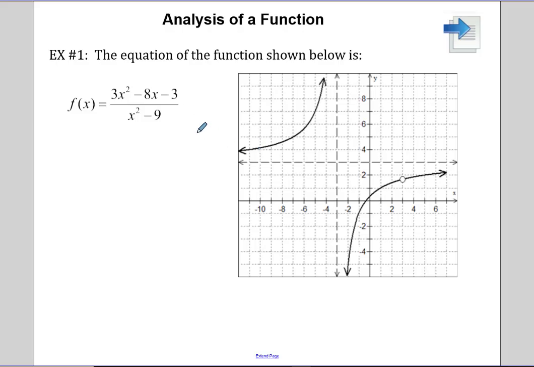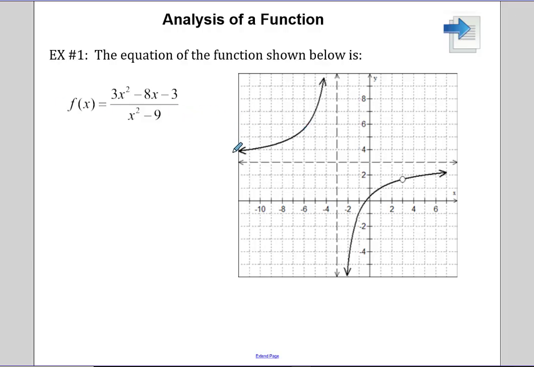In this case, let's look at something you're familiar with from Algebra 2 and earlier in pre-calc. The equation of the function is shown here below, and this is the graph of that function. You may be able to go through and analyze the function completely. In fact, if you want, you can stop the video and write down a few of the key items that you remember from the beginning of the course.